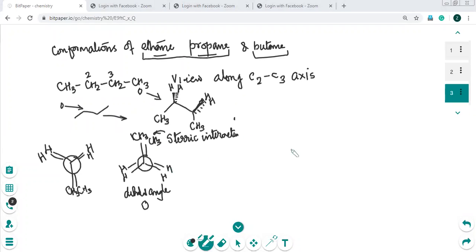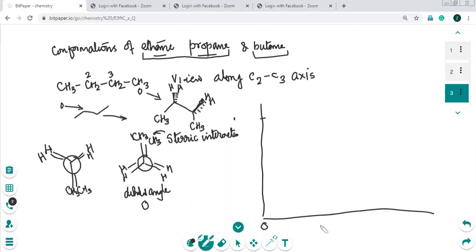So, let me draw the energy profile diagram here. My drawing is not very good. Let me put this graph like this. Now, this is the maximum energy form when the dihedral angle is 0.